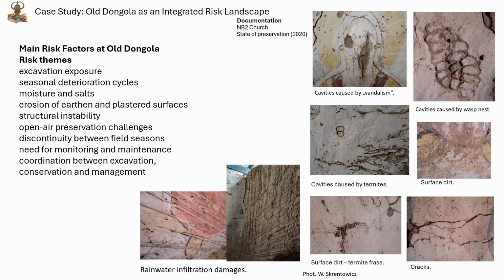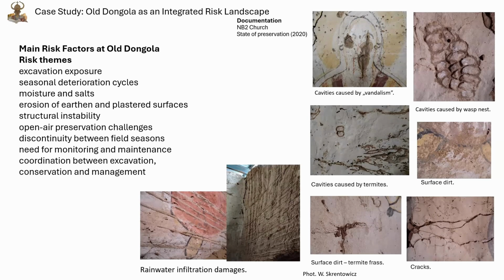And the main risk factors at Old Dongola include those typical of exposed archaeological sites in Sudan. So excavation creates exposure. Exposed materials respond to seasonal cycles, salts, winds, etc. Earthen and plastered surfaces are especially vulnerable.